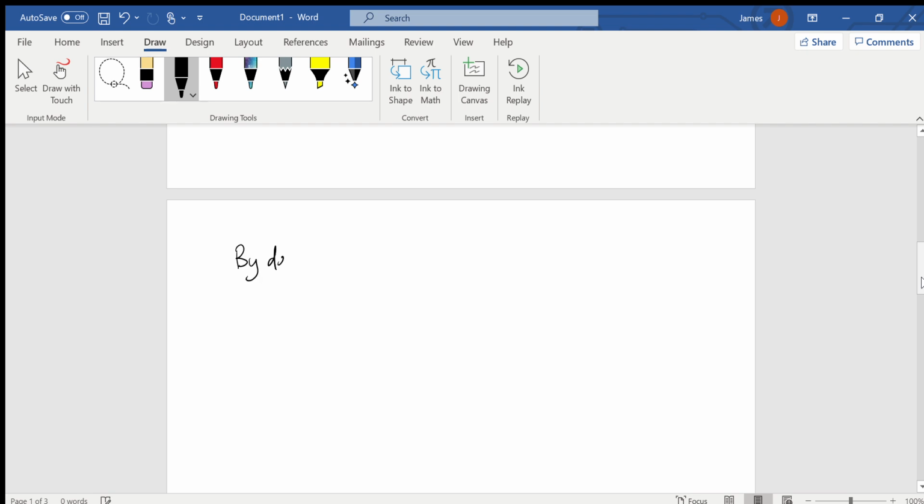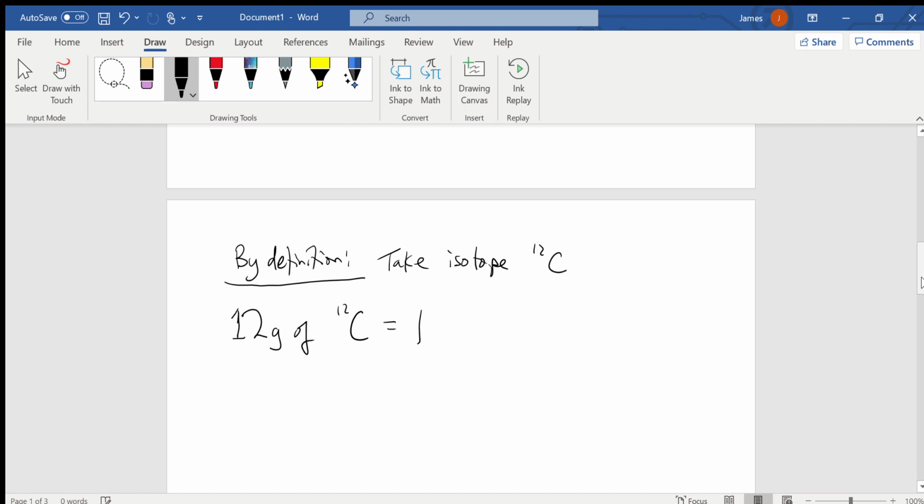So by definition, if we take the isotope carbon-12, then 12 grams of carbon-12 is exactly 1 mole of carbon-12, which is exactly Avogadro's number of carbon-12 atoms.